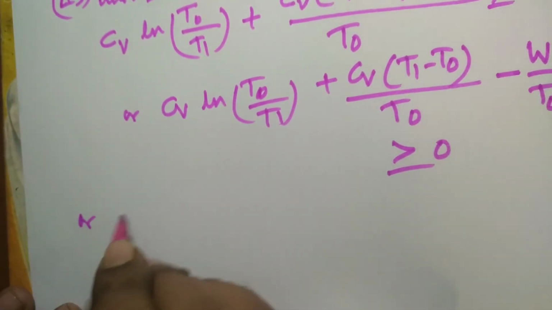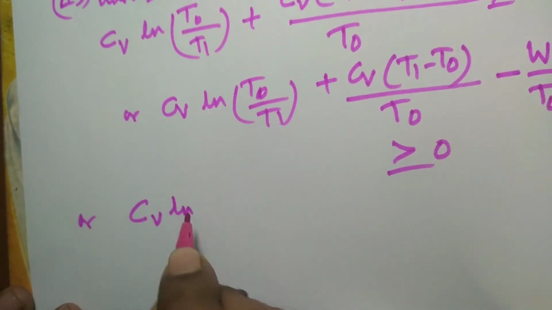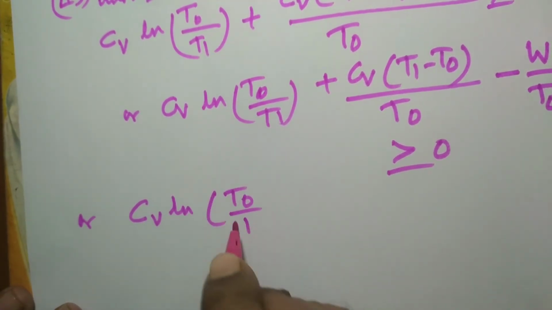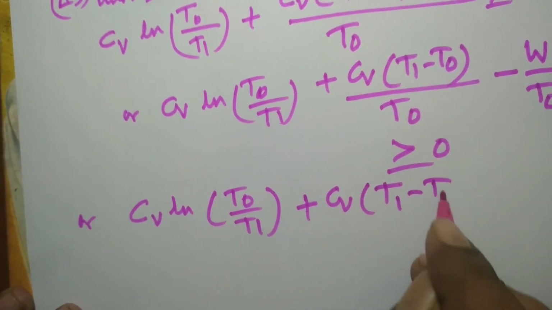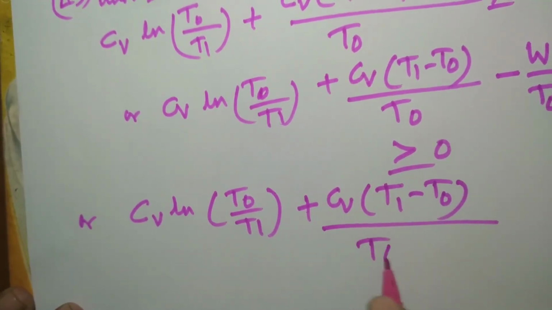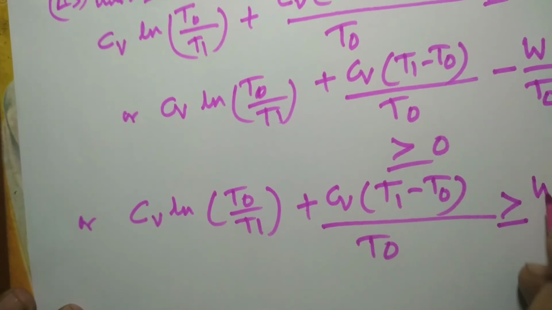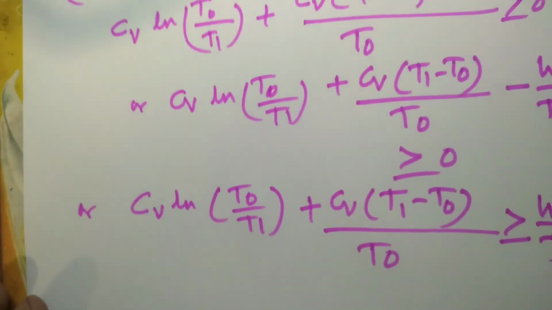Or I can write Cv ln T0 by T1 plus Cv (T1 minus T0) divided by T0 is greater than or equal to W by T0.